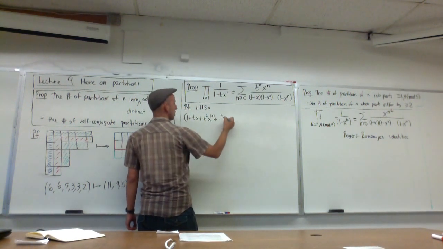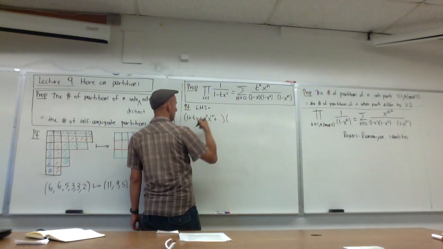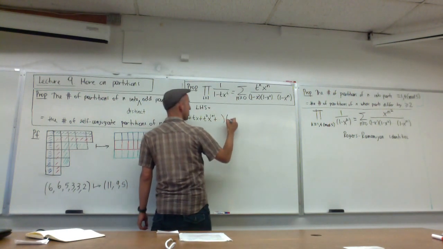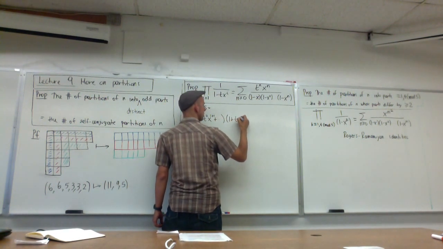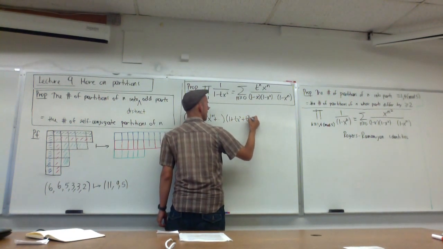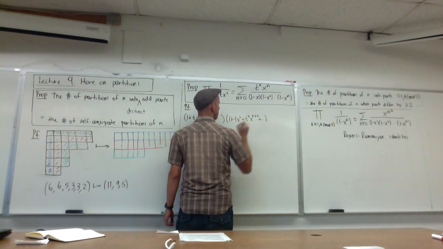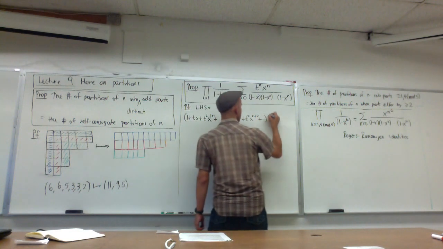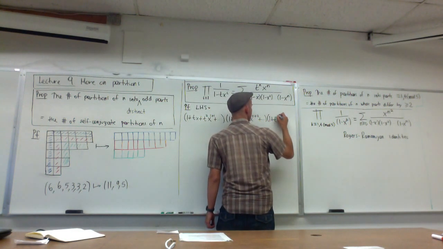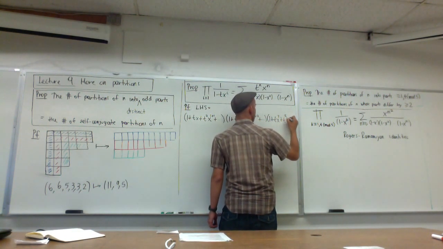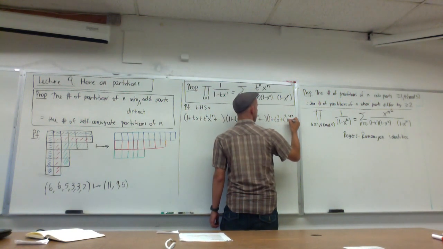You'll see why in a second. Then the next one, 1 over 1 minus t x squared, is 1 plus t x squared plus t squared x to the 4th, which I write as 2 plus 2, etc. Then 1 plus t x cubed plus t squared x to the 3 plus 3, etc. And so on.